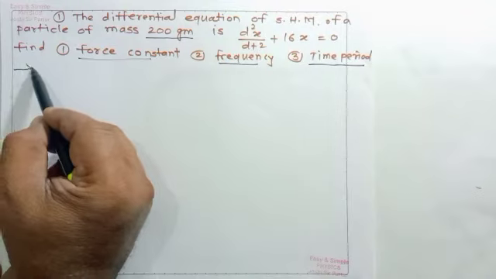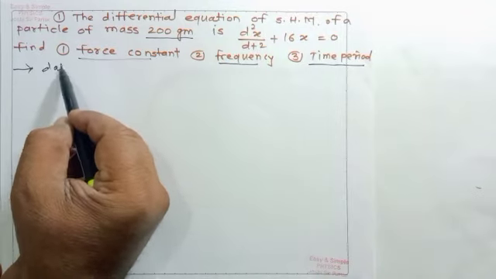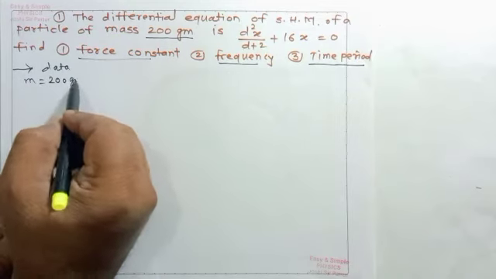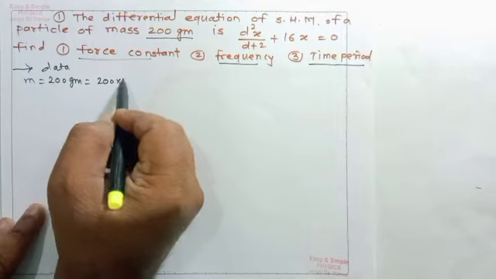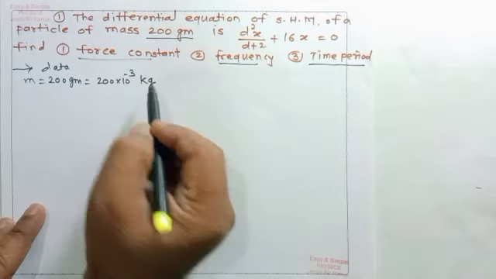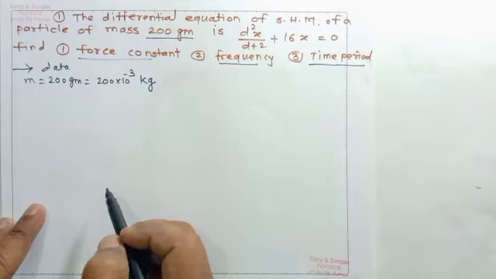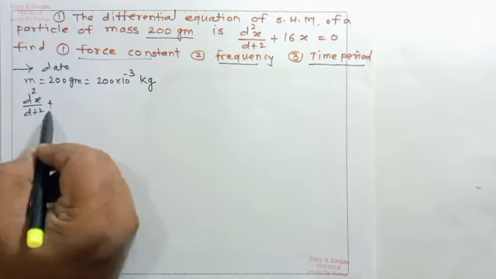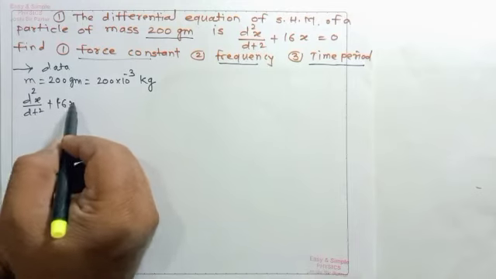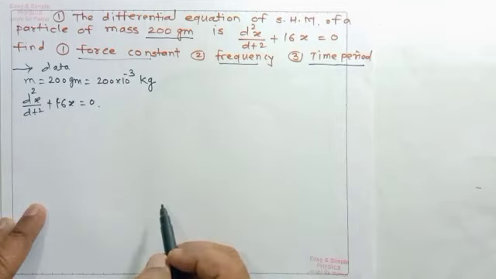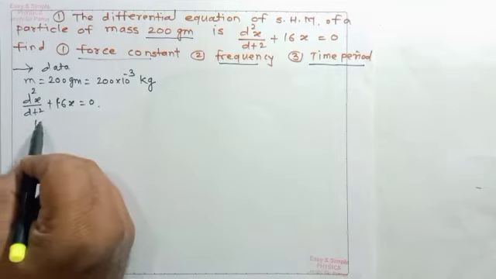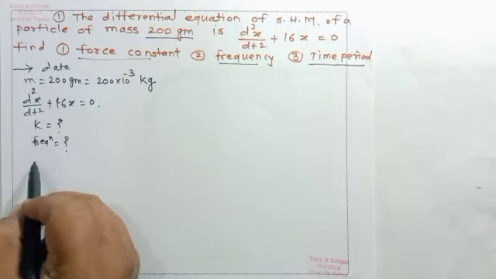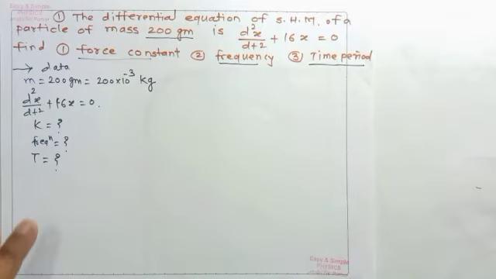First, the data: mass is 200 grams, means 200 into 10 to the power minus 3 kg, and the differential equation is d2x upon dt square plus 16x is equal to 0. Find k, frequency, and time period.